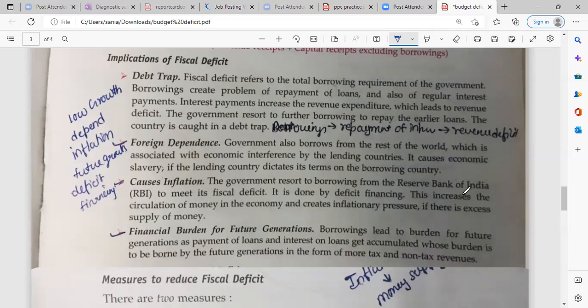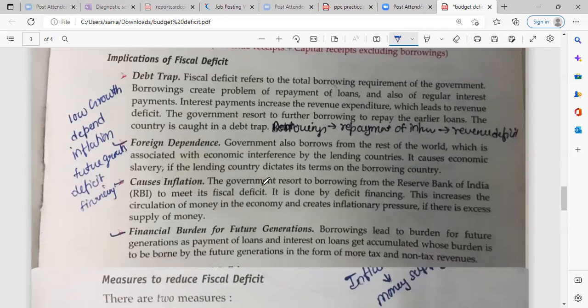So this increases the circulation of money in an economy. RBI will be giving money to commercial bank. Okay, this is the money. So somehow the money will be coming into circulation, right? So in the economy now, if there is circulation, lots of money is there.